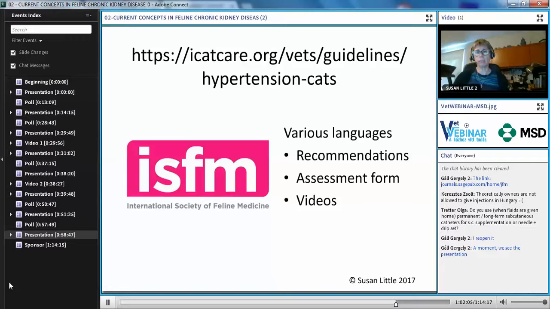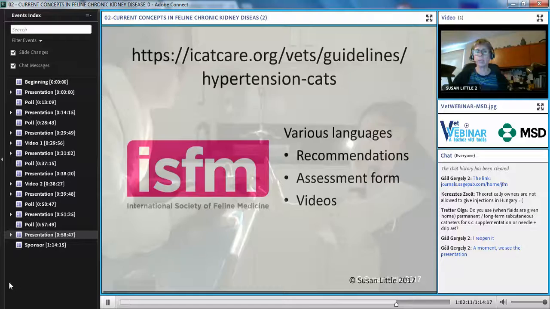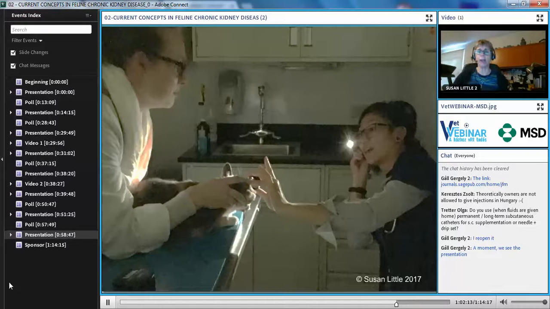And it also talks about what's the best type of equipment to buy, because there are a number of types of equipment on the market, and only certain ones like the Doppler systems or the high definition oscillometric systems would be recommended for cats. So those are some great resources for you.